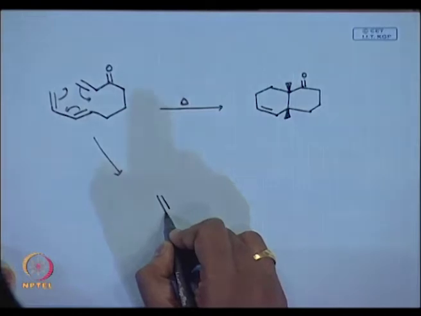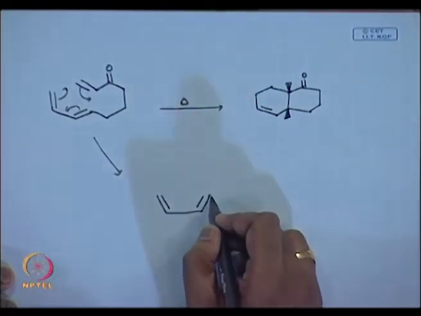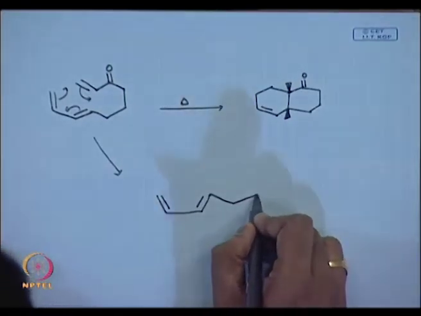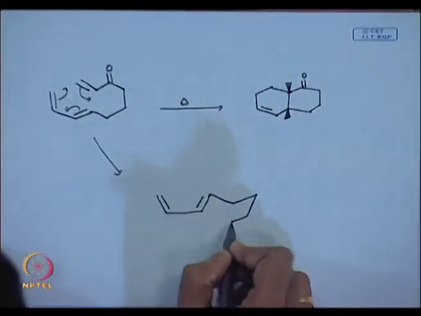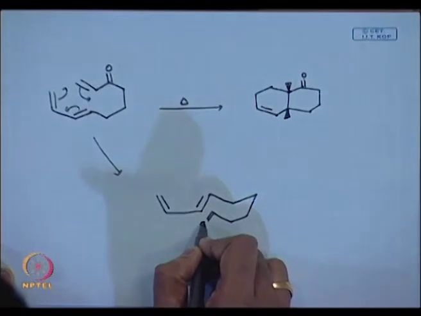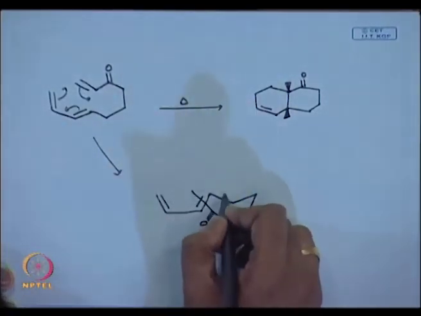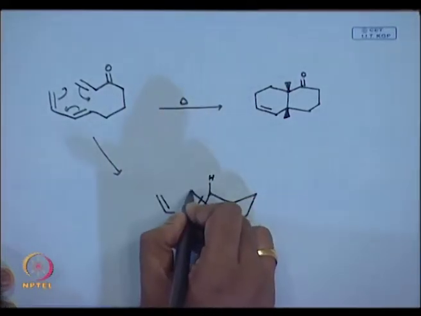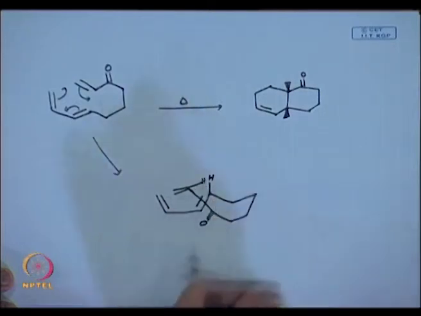So again, if I draw the system in a board lecture form, this is the hydrogen I was talking about in the earlier case. This is my alkene, and this is my hydrogen.